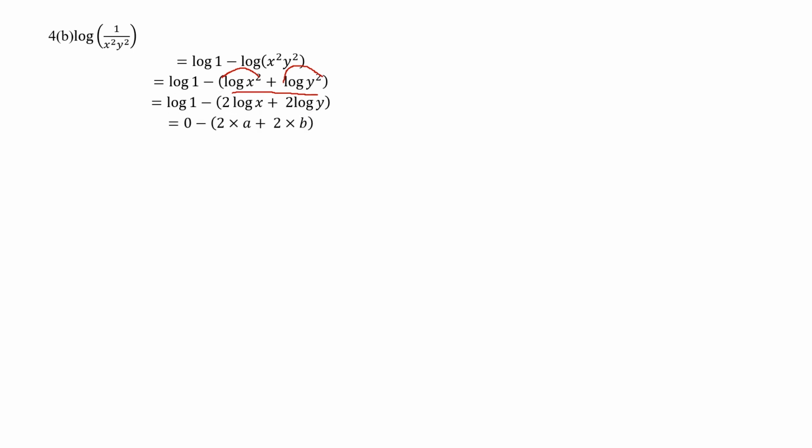Then I substitute the log of x with the a, the log of y with the b. Then the other one, log of 1 base 10, I already said we are going to call it a 0. Then finally, we write the answer as negative 2a minus 2b. This 0 just disappears. Then the minus opens the bracket to have a negative 2a and a negative 2b.